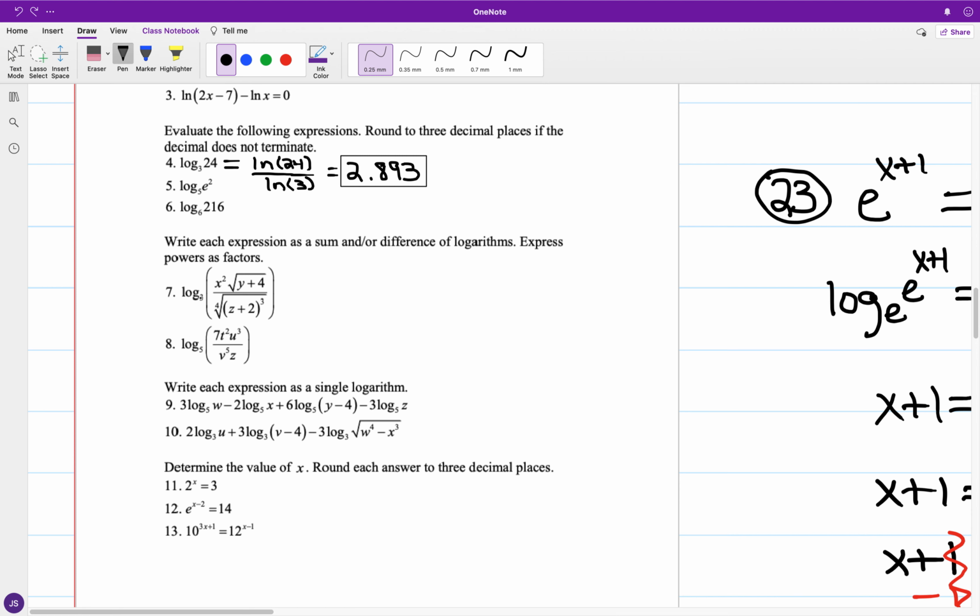So what I'm going to do here for number 7 is write the radicals as exponents.